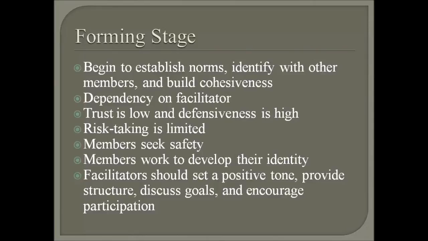Trust is low and defensiveness is high at this stage, and risk-taking is limited. Members are seeking safety. Members work in this stage to develop their identity, and facilitators should set a positive tone, provide structure, discuss goals, and encourage participation among the group members.